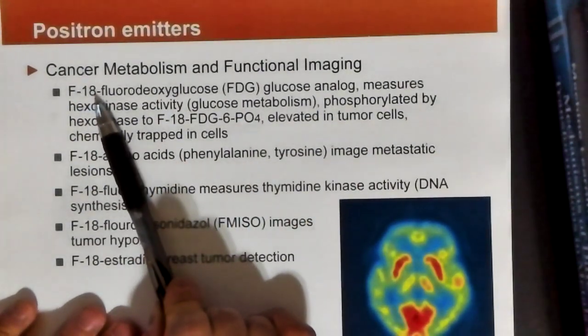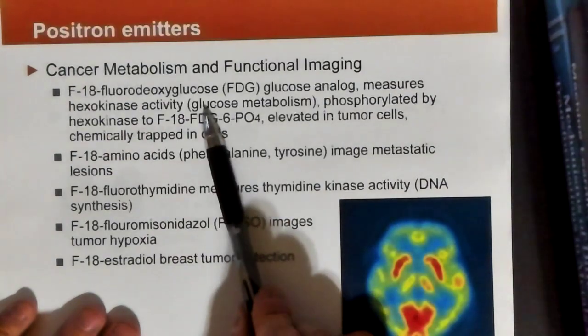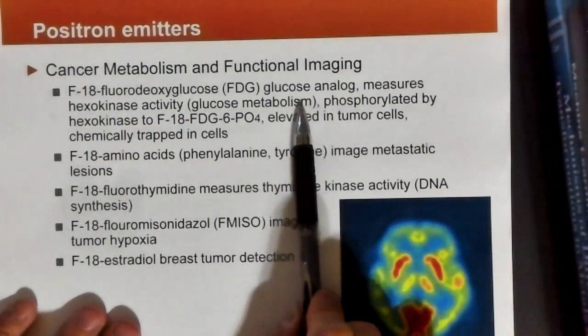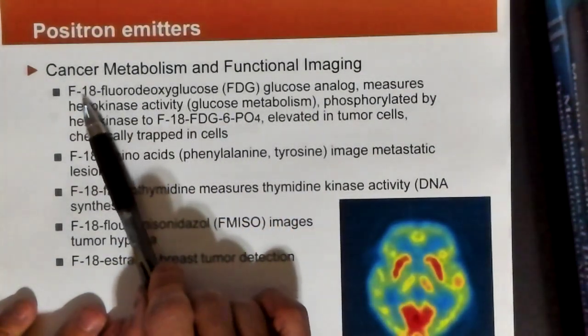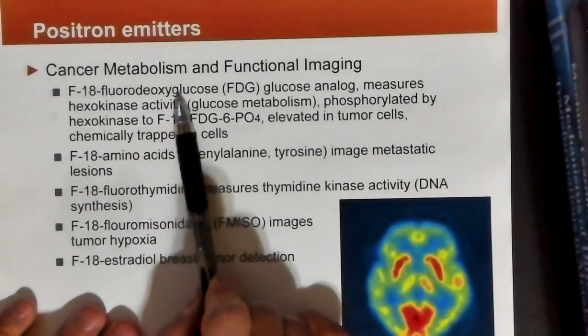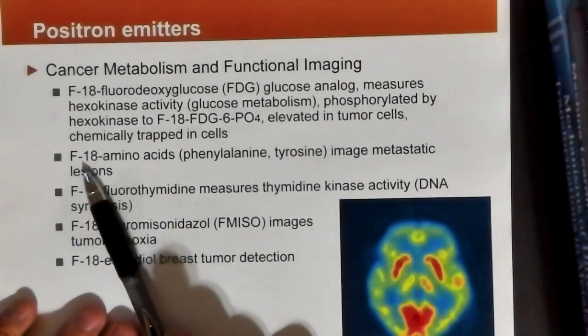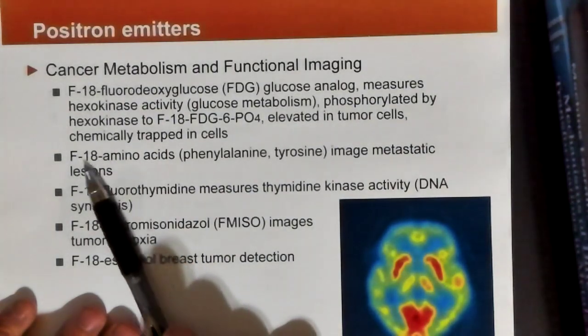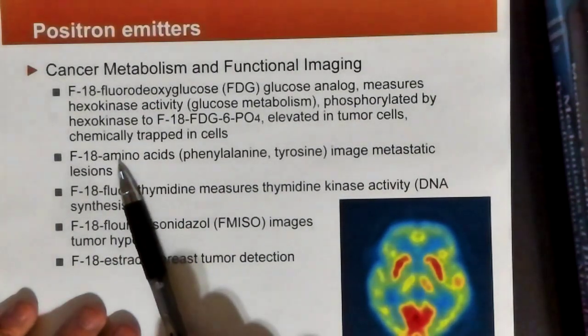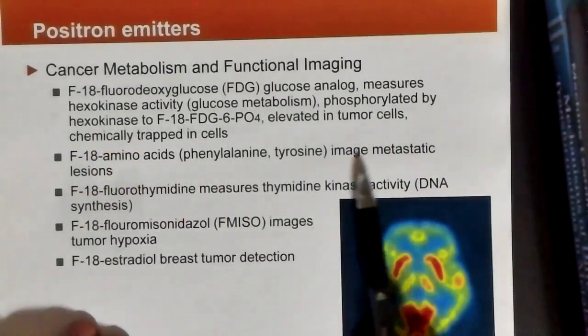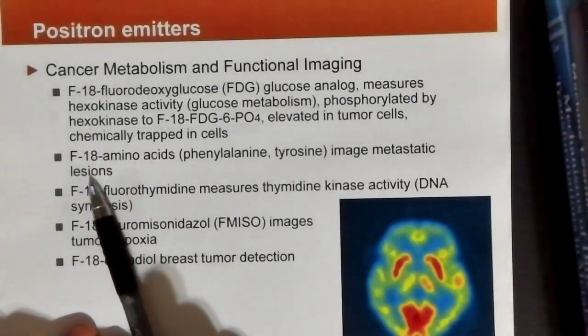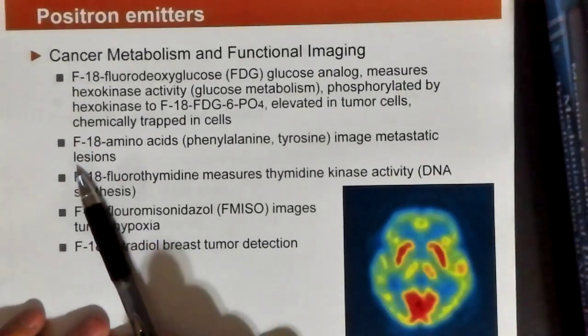You can target glucose metabolism by making this compound, fluorine-18 fluorodeoxyglucose, and you can also make a compound with fluorine-18 amino acids to look at imaging various lesions, metastatic lesions.